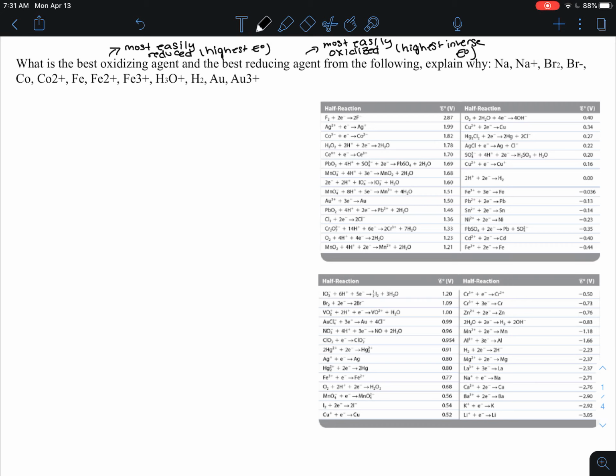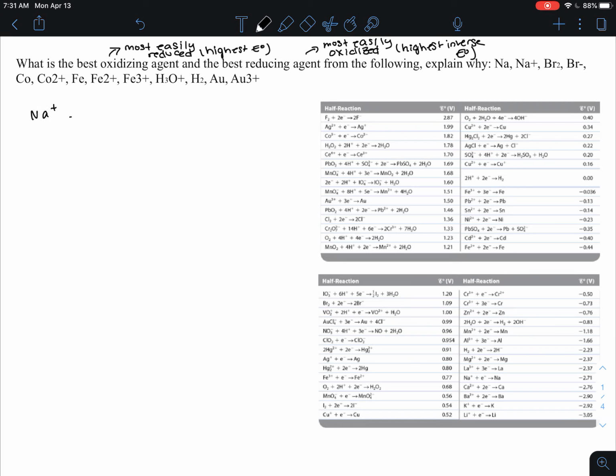All right, now that we figured out what we're looking at, let's look at all the substances that we have. These are the two tables from the slides. In your book, or even online, these tables are really, really large. If a substance is not on these tables, then you would look it up.